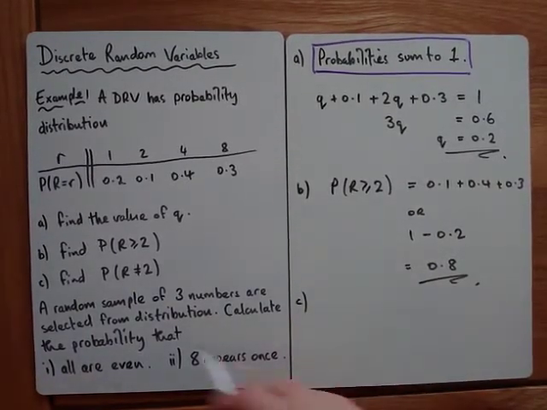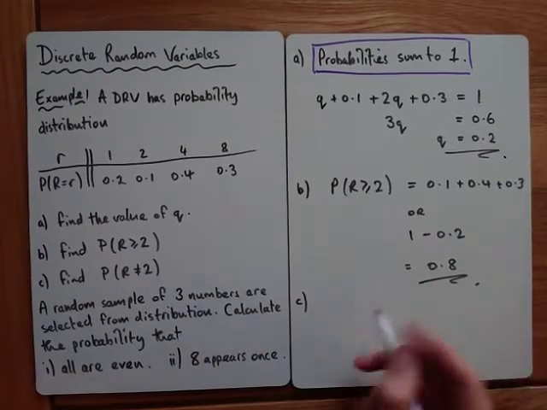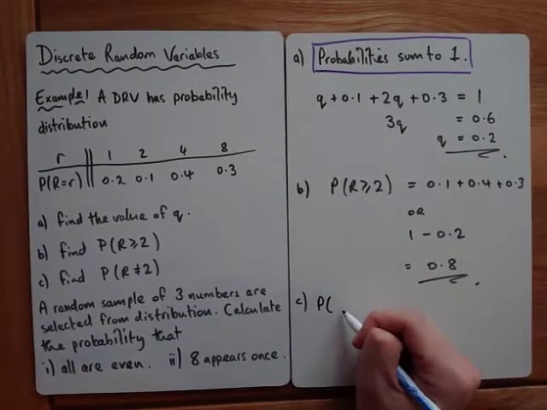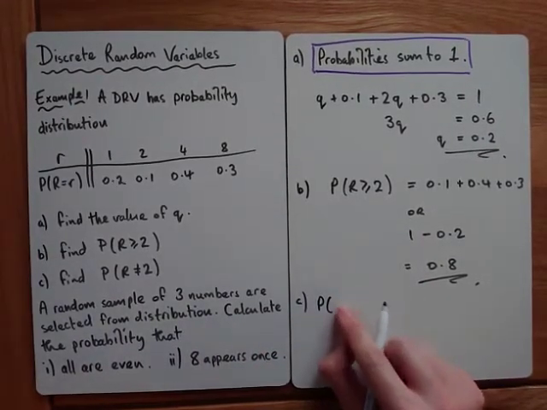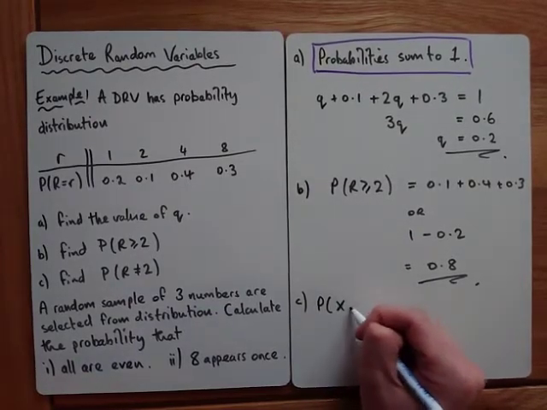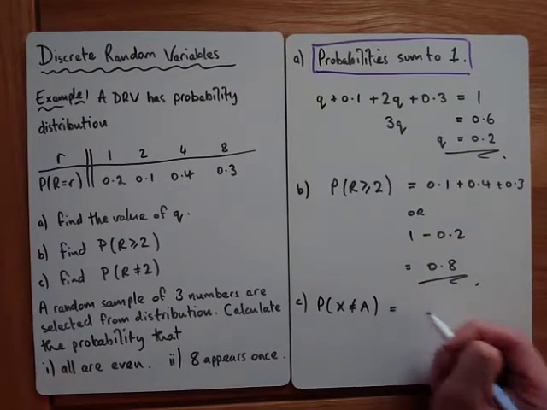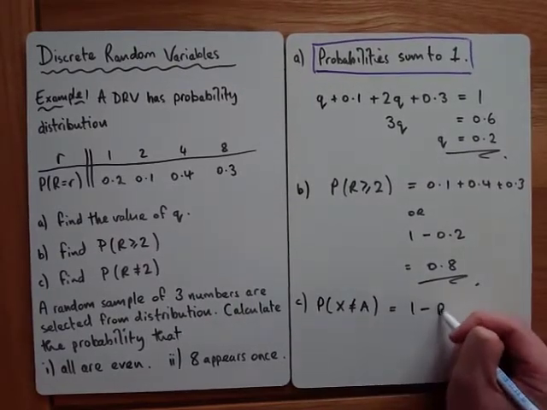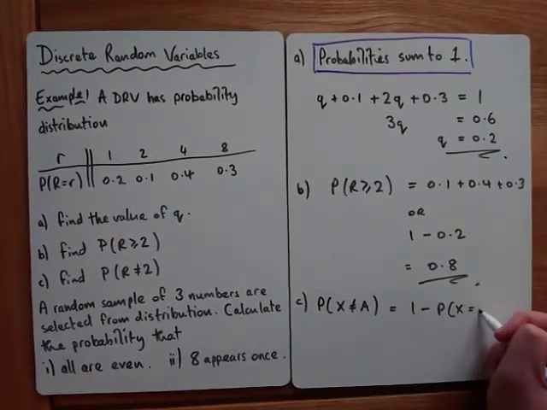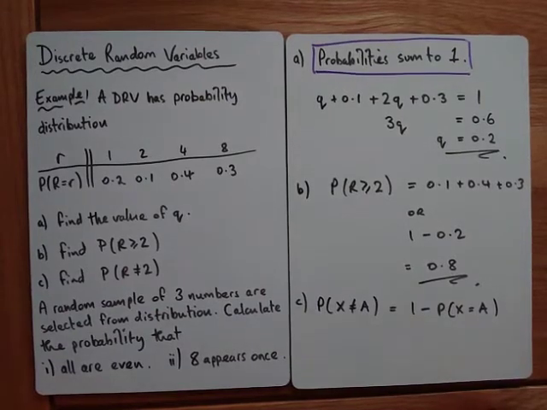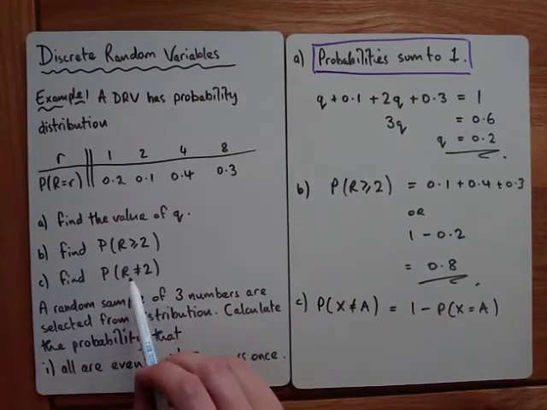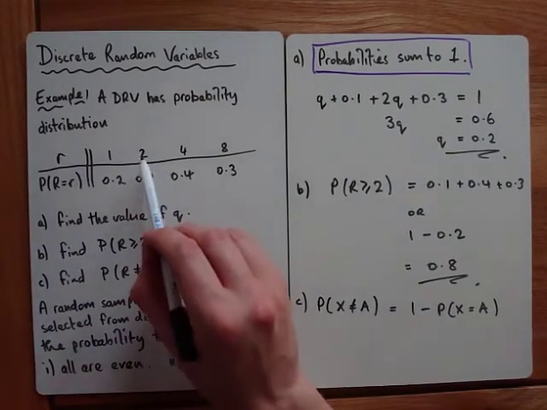Okay. With this one, it might be the first time you've seen "does not equal." The probability of an event not equaling something is 1 minus the probability that it does equal. So if you ever get a "not equal to," I always think about, well, if it's not equal to 2, what's the probability that it is 2?